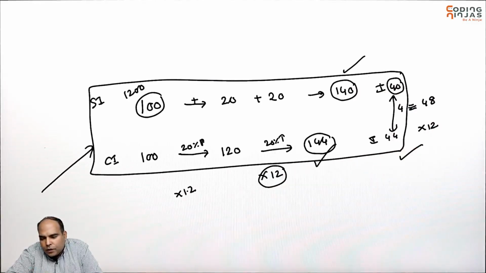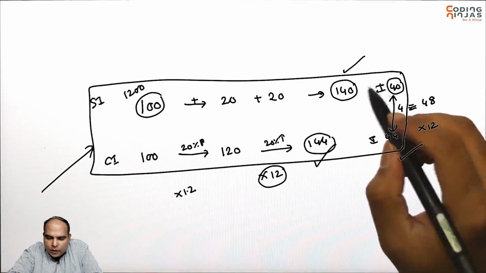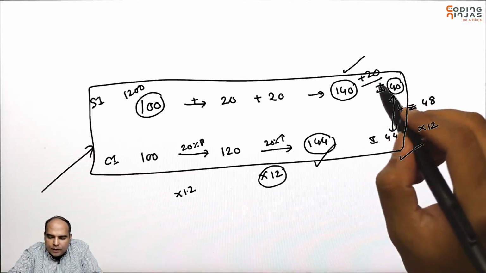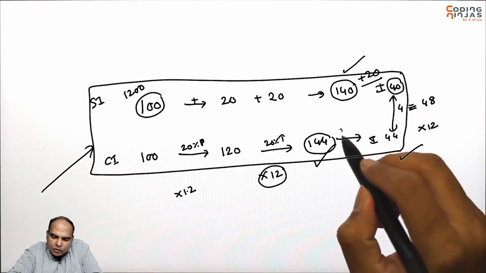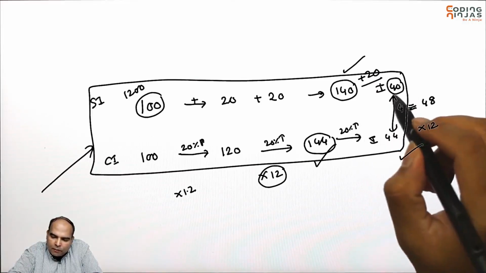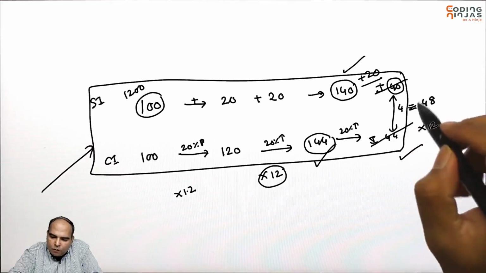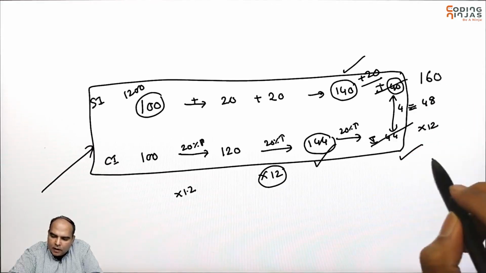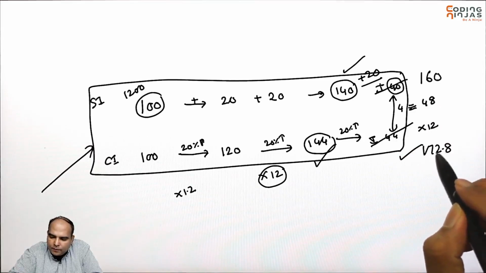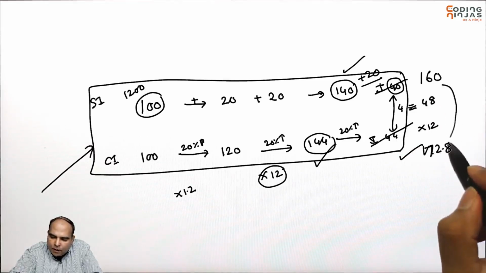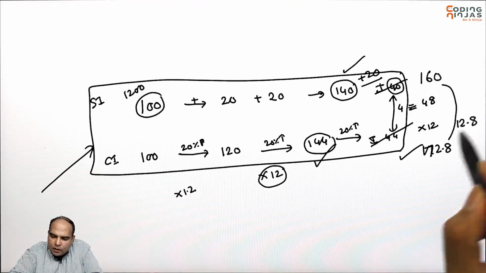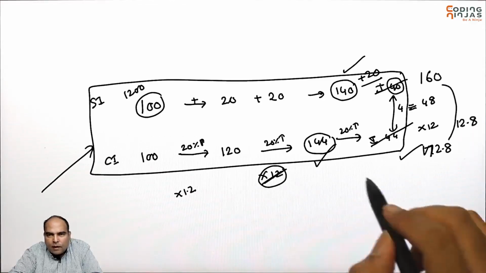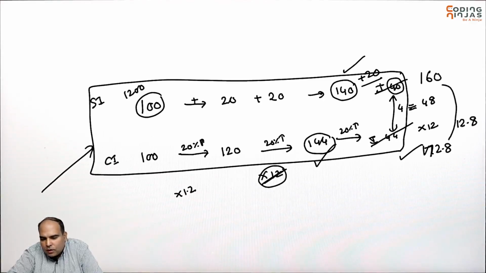And hence, if they ask you for 3 years, all you have to do is plus 20 on the simple interest and a 20% increase on the compound interest, and you will get a value of 160 here and a 172.8 here. And as far as they give you a multiplier for this 12.8, you can again use that multiplier to get any value in this construct. So you can use this method for the difference between compound interest and simple interest over 3 years or 4 years or 5 years.